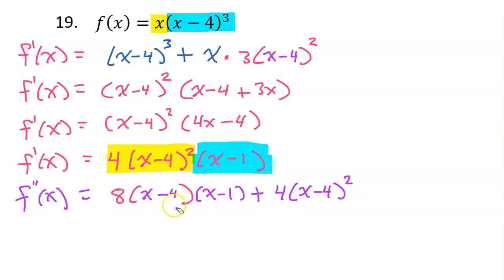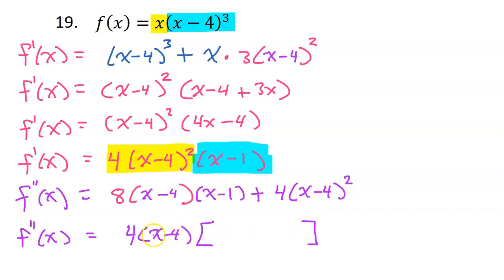I am going to factor some things out. So notice that we have a common factor of x minus 4. Maybe I'll just get this started right now. So I'm going to take out an x minus 4. And I see, looking at the 8 and the 4, there's a common factor of 4. So I'm going to pull all that outside of parentheses.